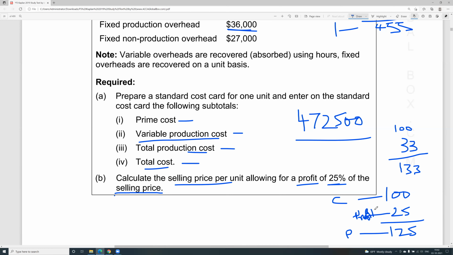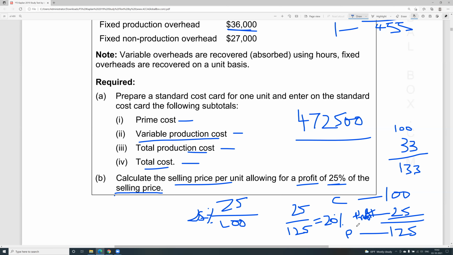Now, when this is your profit, the question is what is the profit on cost? The profit on cost is 25 divided by 100, which is 25%. And on sales it is 25 divided by 125, which is 20%.